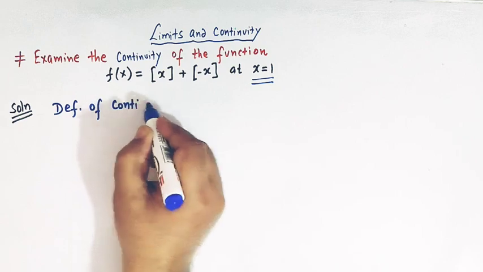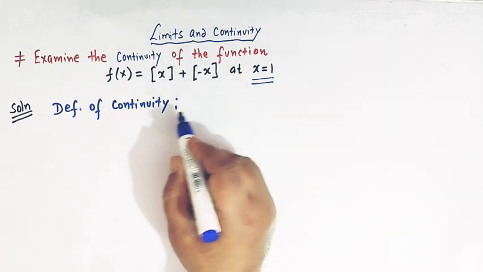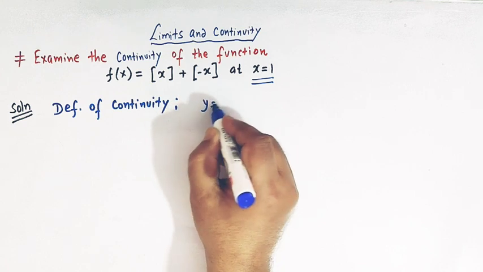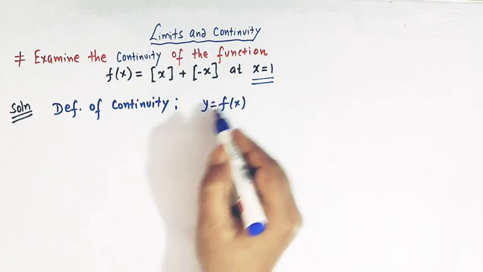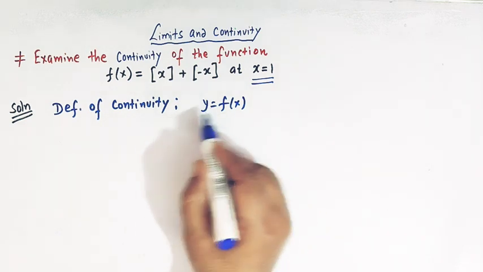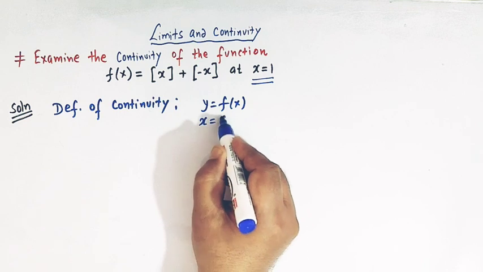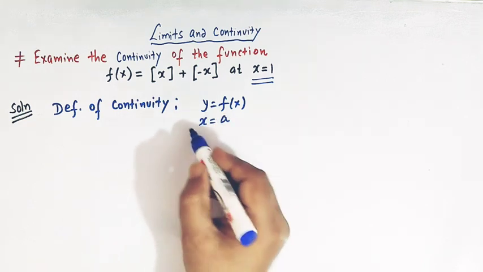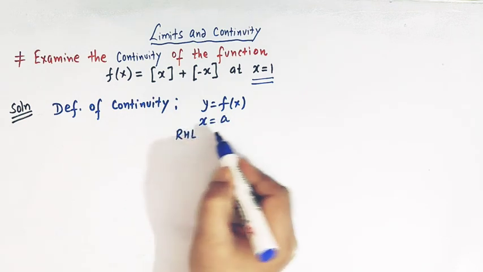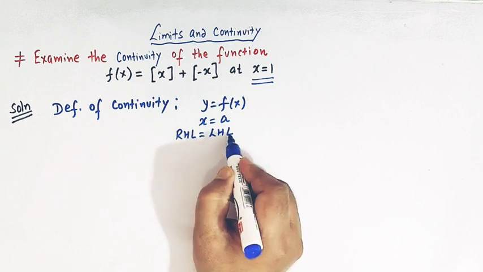If we have a function y is equal to f of x defined in some domain, then this function is said to be continuous at some point a if the right hand limit and the left hand limit both exist and they are equal.